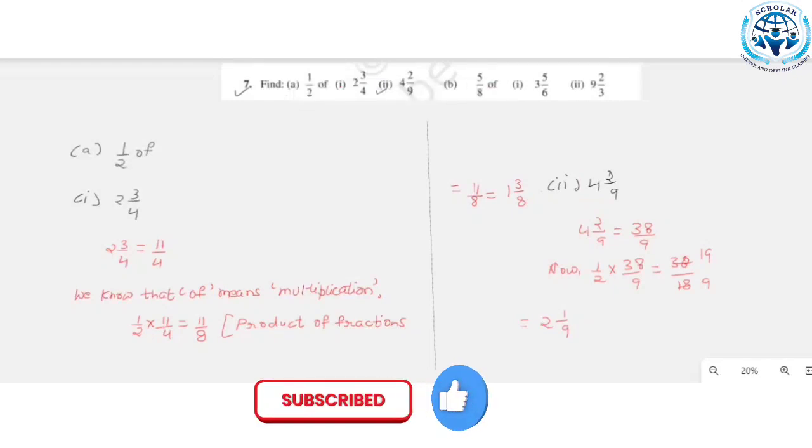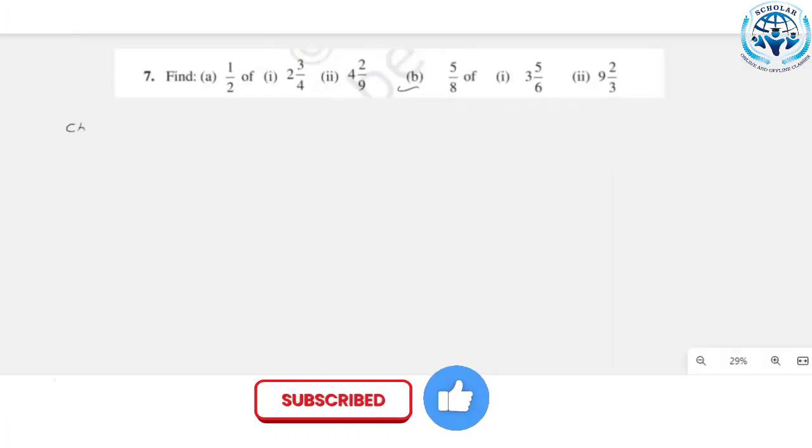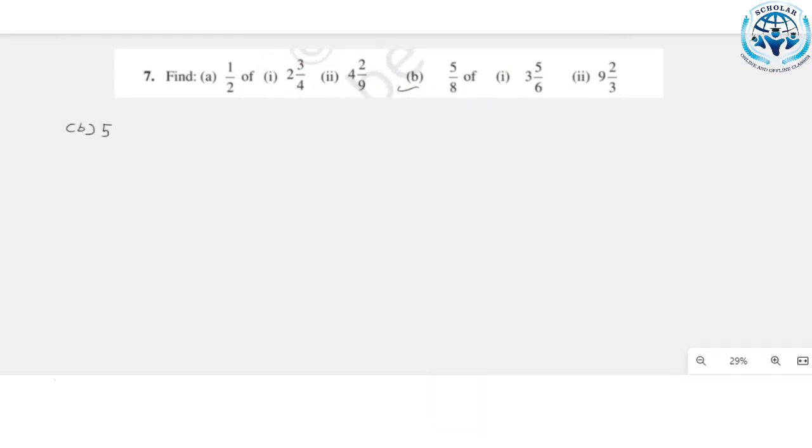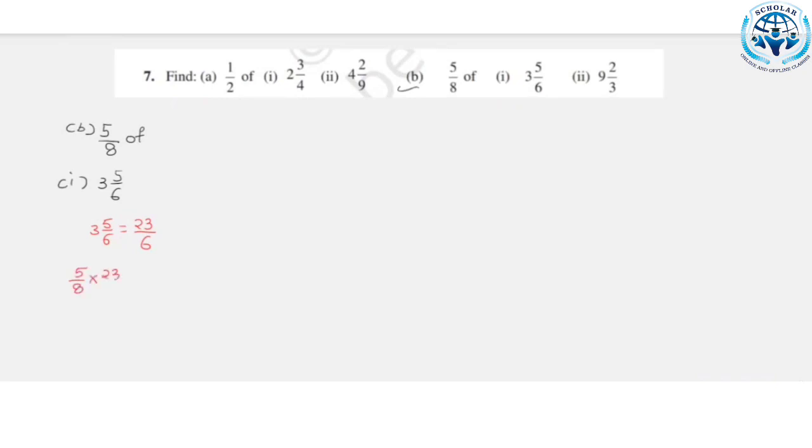Next, part B: 5 by 8 of 3 5 by 6. So, we will convert this mixed fraction into an improper fraction. 3 5 by 6 is equal to 6 threes are 18, 18 plus 5 is 23, 23 by 6. Now 5 by 8 of 23 by 6, that means 5 by 8 into 23 by 6.